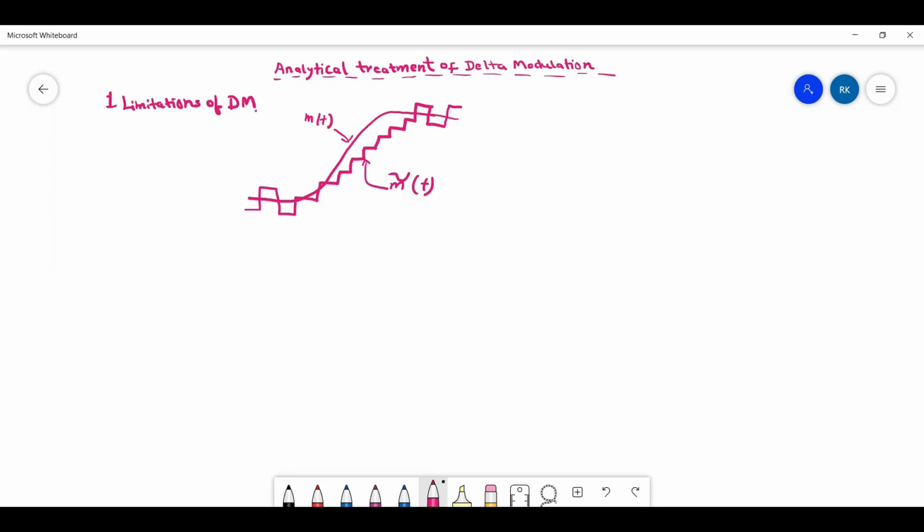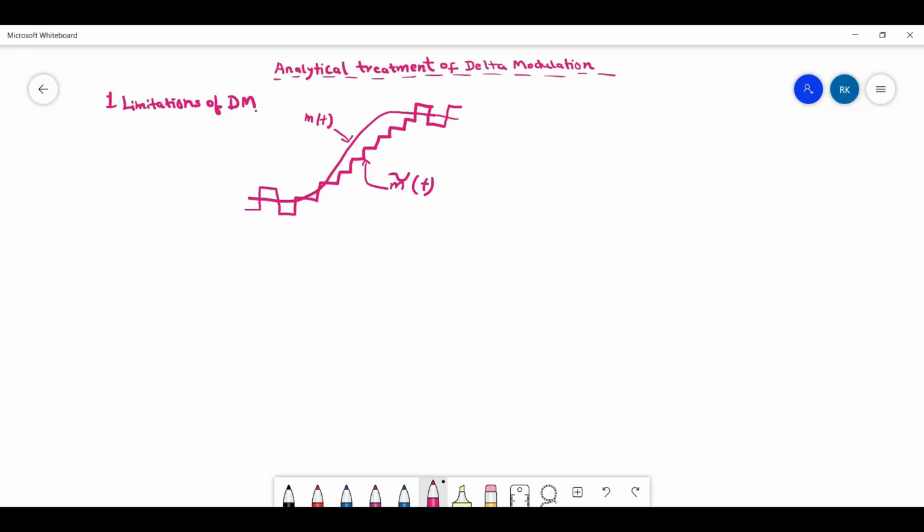The waveform m cap(t) needs to closely follow the waveform m(t). Only then the recovered waveform m cap(t) resembles m(t). This figure shows a situation where the waveform m cap(t) is unable to follow m(t) because the slope of m(t) is greater than the slope of this staircase function.